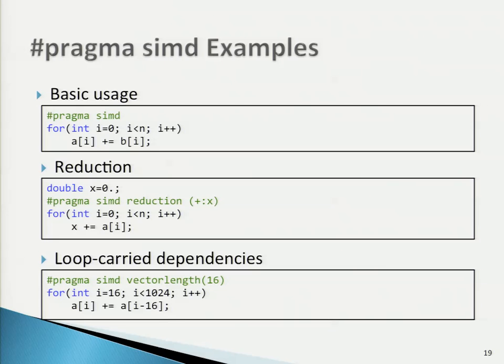So the basic usage is you just say pragma SIMD, vectorize this loop at all costs. It has a reduction operation, so you can say here we've got a value x, which is just a single double, and we're going to calculate the sum of all the entries in A. Now, these sorts of reductions are actually a bit tricky to do in parallel using vector units.